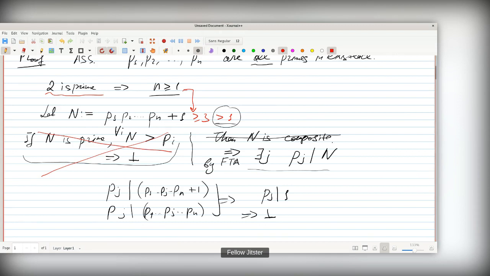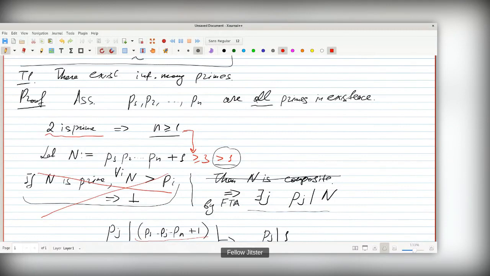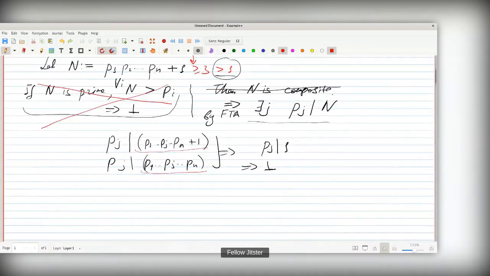So there exists such j that pj divides N. So pj divides this sum, and pj divides the product, a contradiction from the assumption that we have just these primes, just n of them. Hence, there are infinitely many primes.